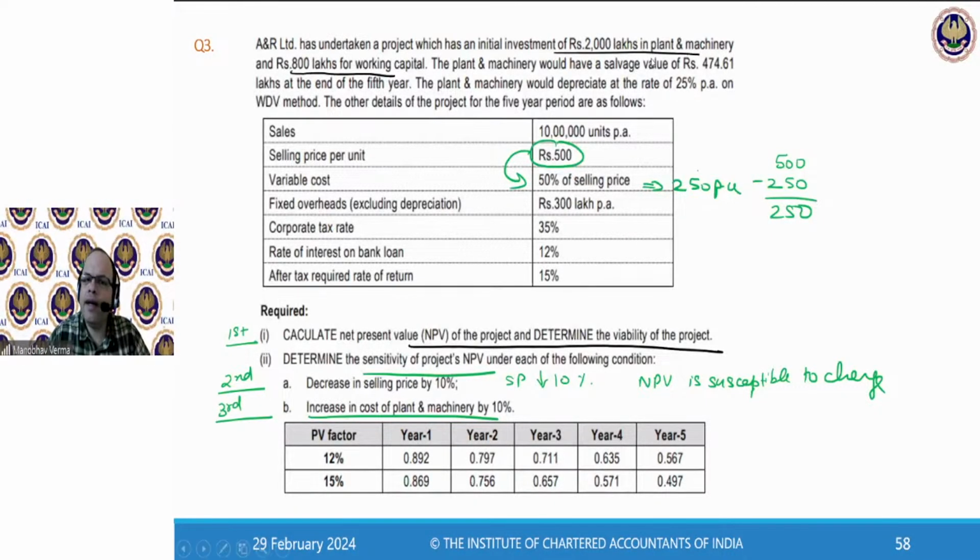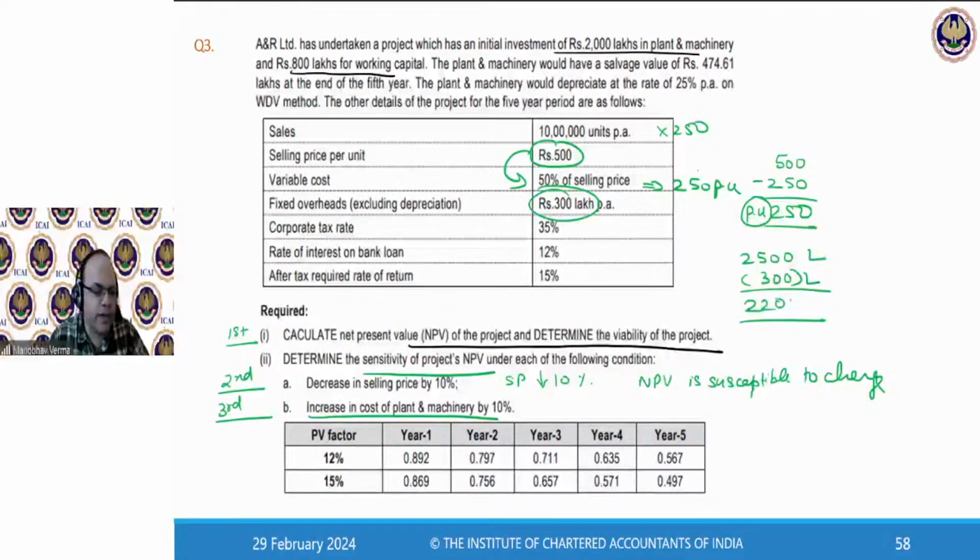My contribution per unit is 250, so you multiply 10 lakhs by 250, which is 2500 lakhs, and then minus 300 lakhs of fixed cost excluding depreciation. I'm getting 2200 here. So is everyone agreeing with me? 2200 excluding depreciation.